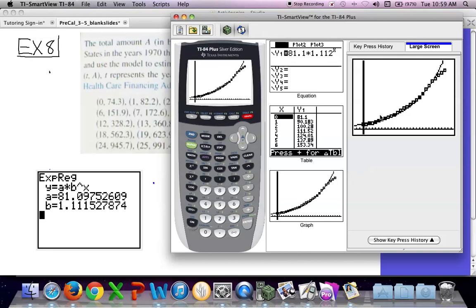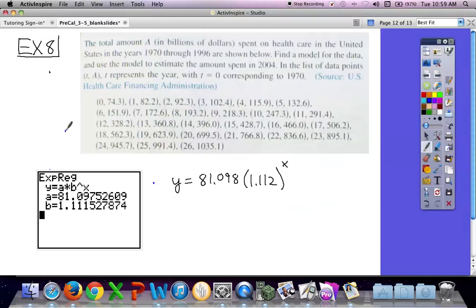Now, the last part of the question is, use this model to estimate the amount that's spent in 2004. Well, what's the value of t in 2004? Since 1970 is t equals 0, 2004 is 34.